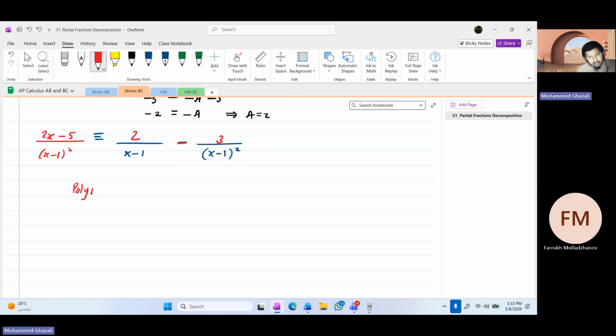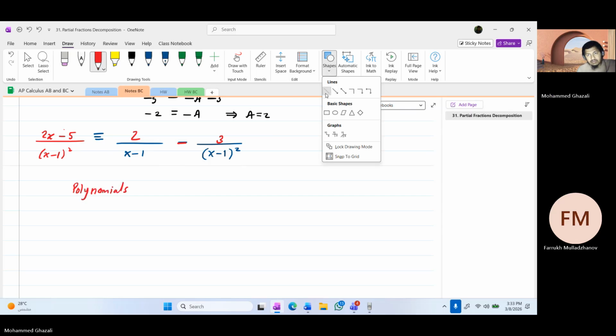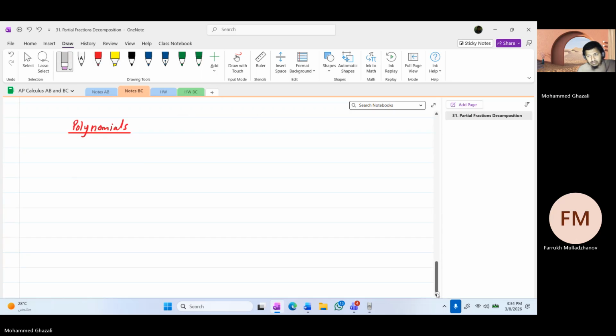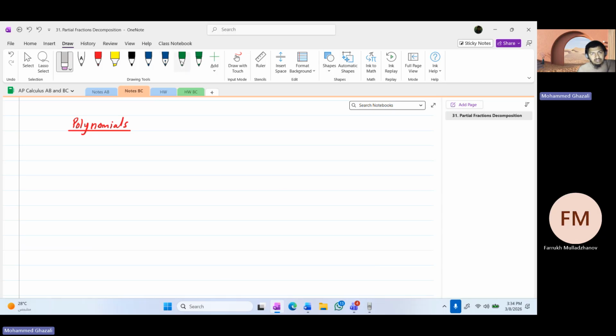Types of polynomials, with these different orders. So a constant, we start with the normal polynomial, which is constant: A. You don't have to name the polynomial.